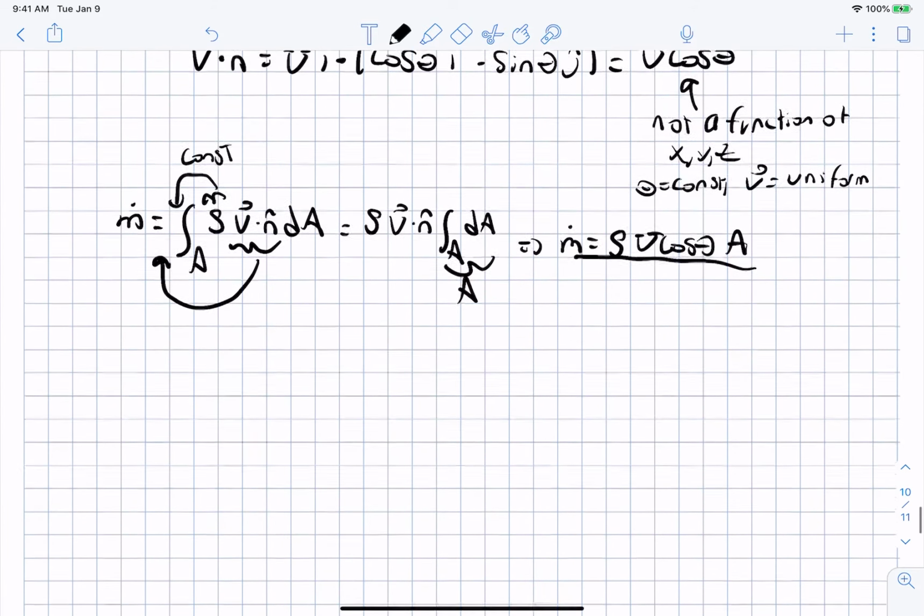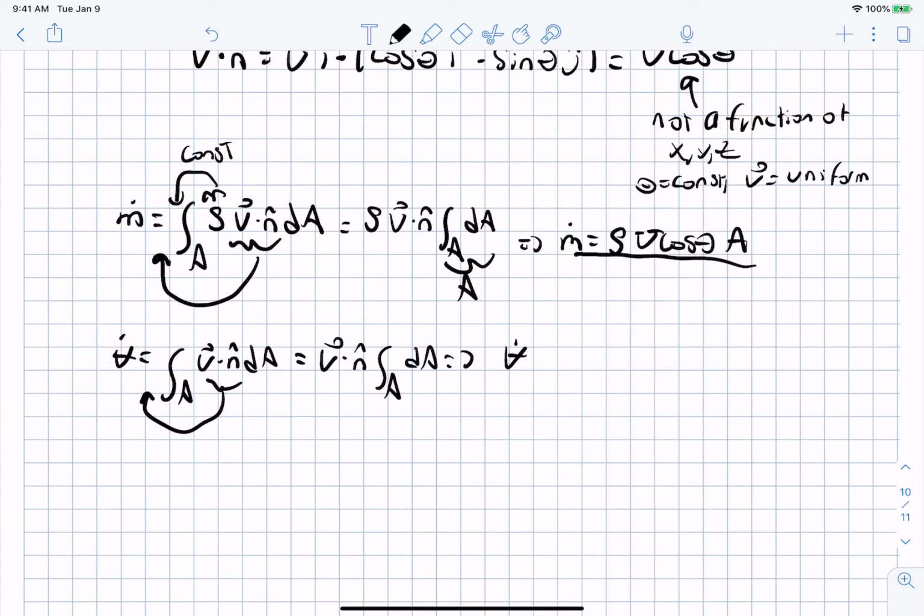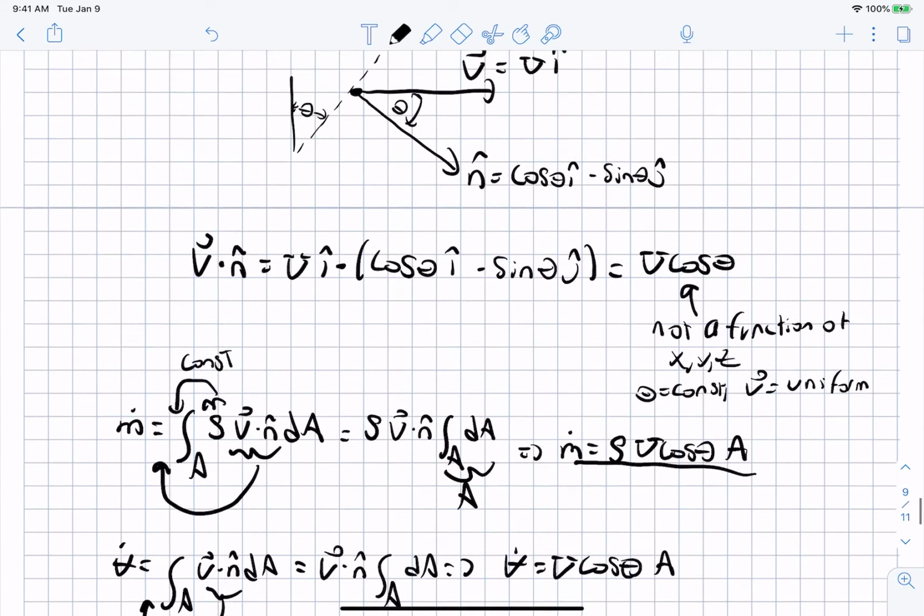Okay, then v dot equals the integral over the area of v dot n hat dA, and again that's constant, so that equals v dot n hat times the surface integral of dA, which again is just the area. So this implies that the volumetric flow rate is just equal to v cosine theta times the area of our surface.